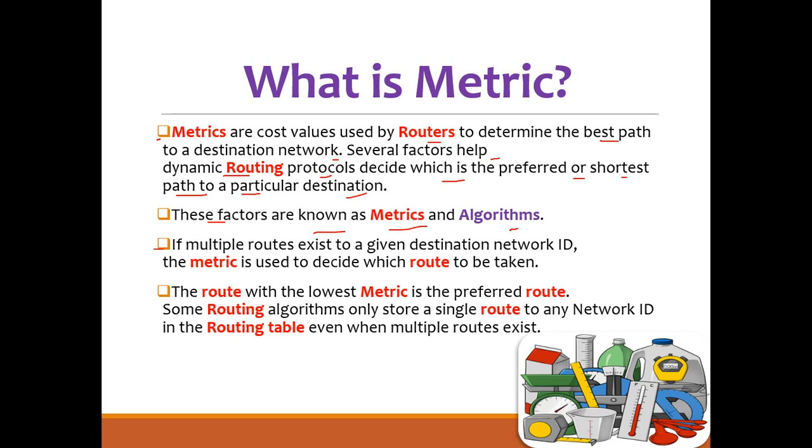If multiple routes exist to a given destination network ID, the metric is used to decide which route is best to take. Route means path. Always keep in mind, the route or path with the lowest metric is the preferred route, and it will be in your routing table.